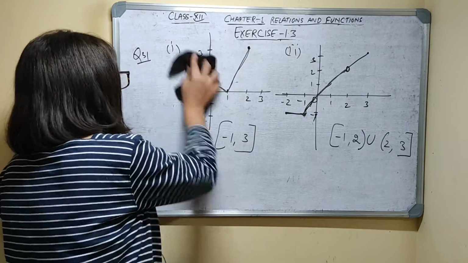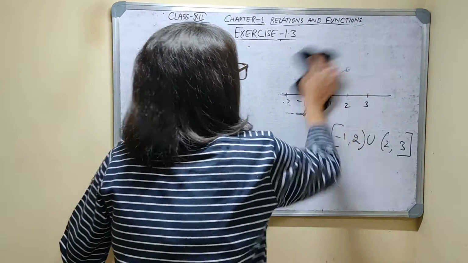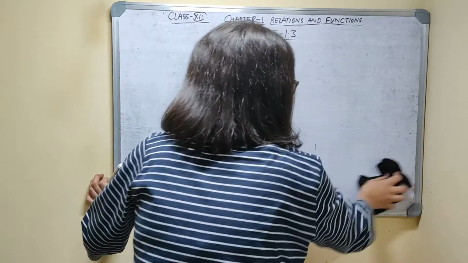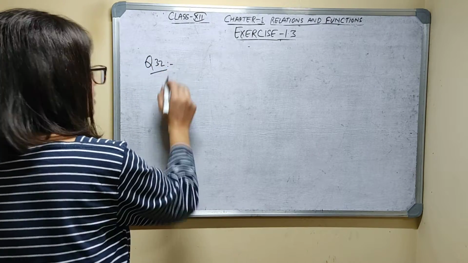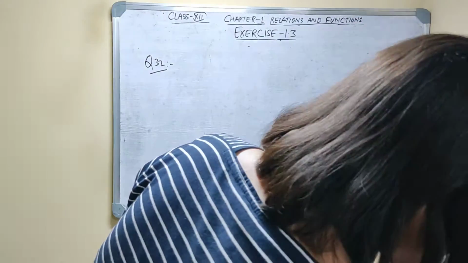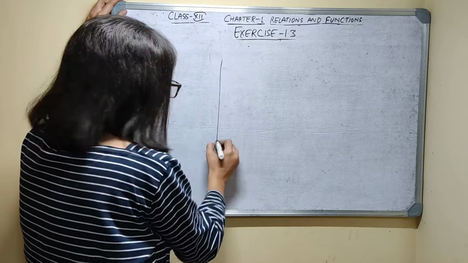Now question number 32. Which of the following graphs represent a 1-1 function? First I will draw a graph.